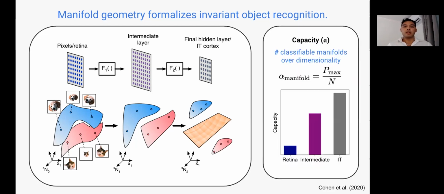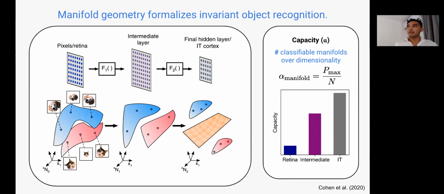The reason this framework is so powerful is because there are theories that have been developed to quantify how separable these manifolds are, in the same way that theories have been very well developed for the perceptron for many years. This measure is called capacity, which essentially measures the number of manifolds you can separate into distinct object categories, and capacity is a function of the actual geometry of the data manifolds you're considering.